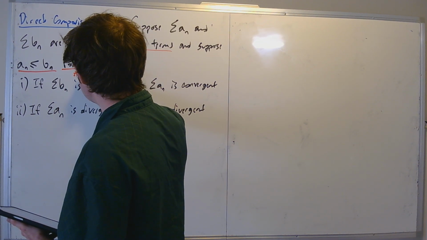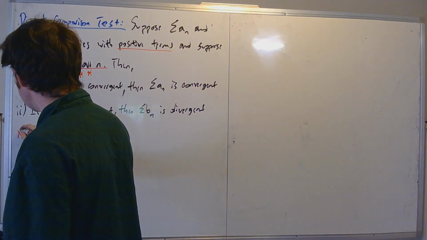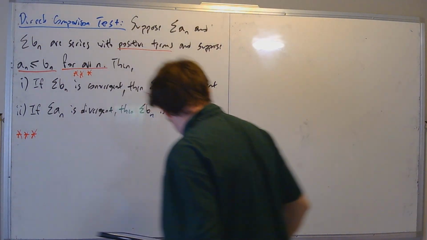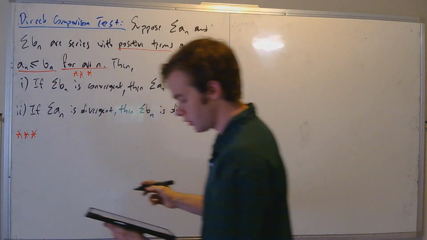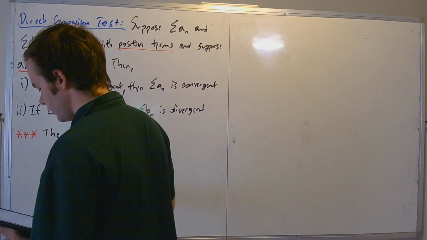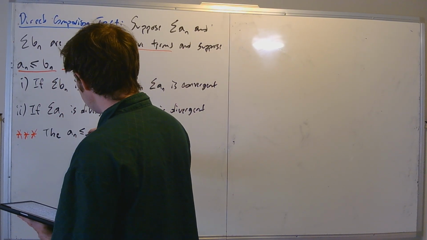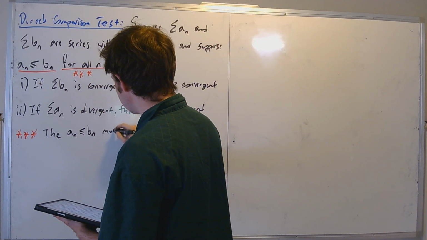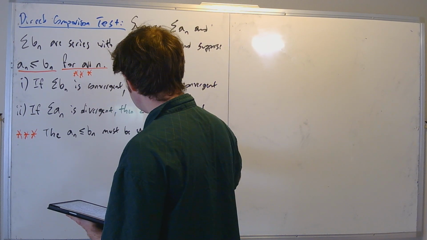And I'm going to put a bit of an asterisk there, because that's not always going to be true. So what I'm going to say here is, kind of like what we did earlier with ultimately decreasing when we defined it, I'll say the a_n is less than or equal to b_n must be ultimately true.